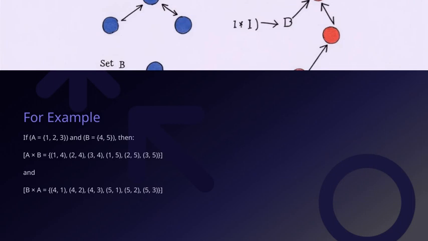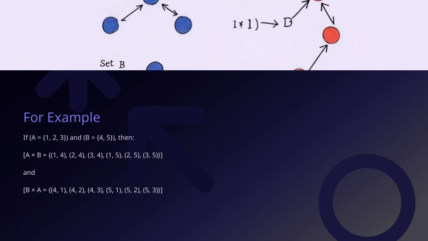Now let's take a closer look at these Cartesian product sets. On the left, we have B times A, which consists of all ordered pairs where the first element comes from B and the second from A. These are (4, 1), (4, 2), (4, 3), and similarly for 5 we have (5, 1), (5, 2), and (5, 3).